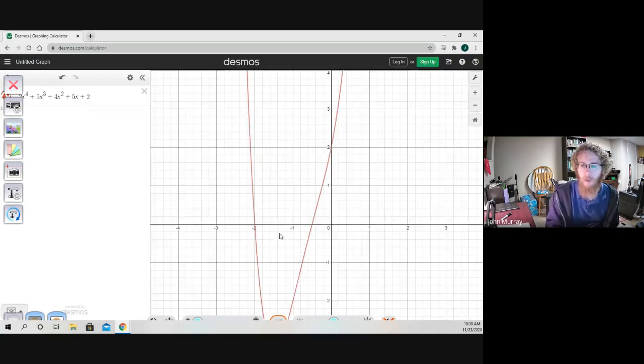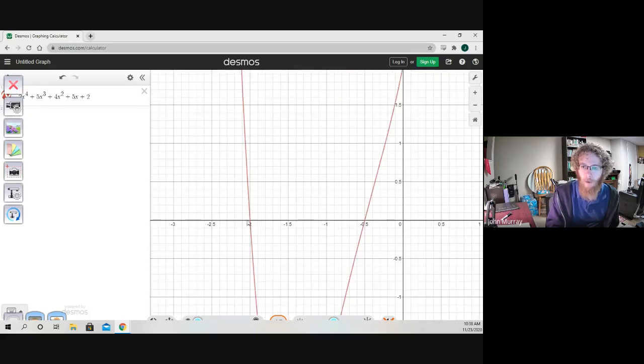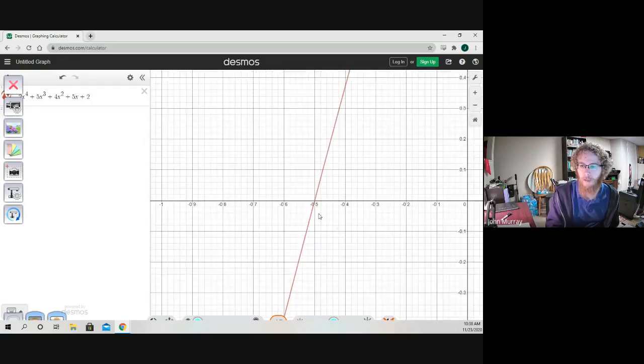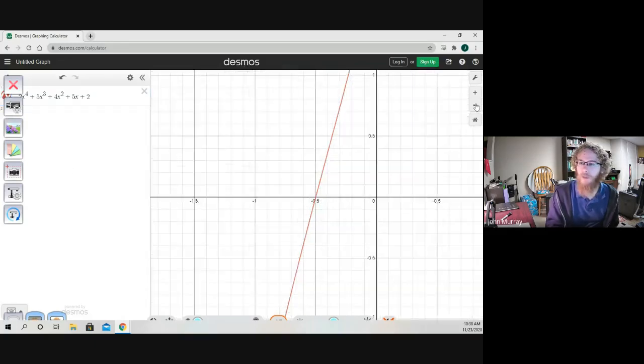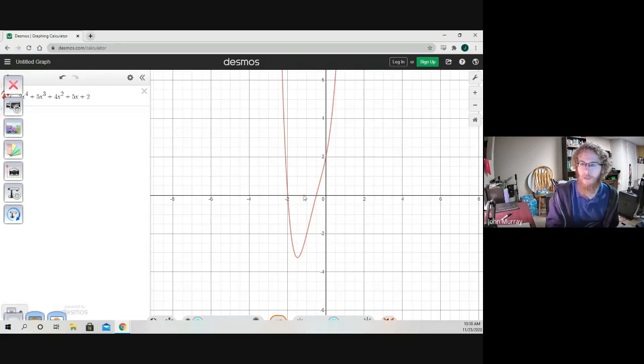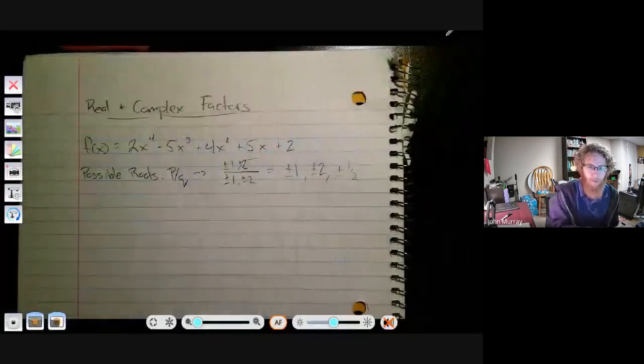Looking at the graph, if we zoom in, there's one definitely at -2, and there's one at -1/2. So looking at the graph, you have 2 real zeros, at -2 and -1/2.